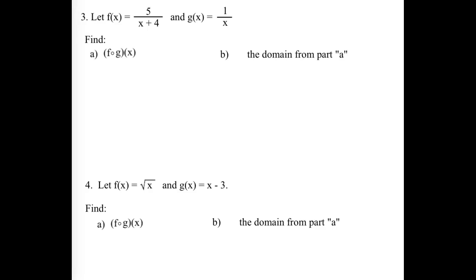Talk at your tables. What domain restrictions do you see? All right, what are you saying for this first one? Can't be negative 4 and it can't be 0. Okay. F of g again. F of g says start with function f.